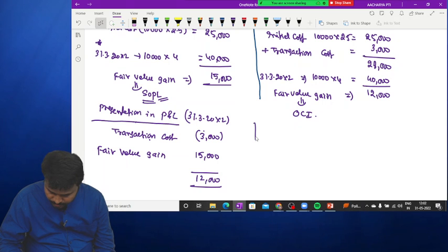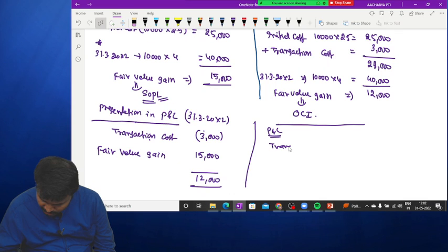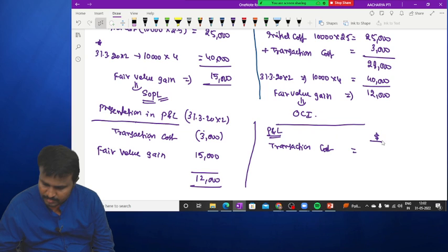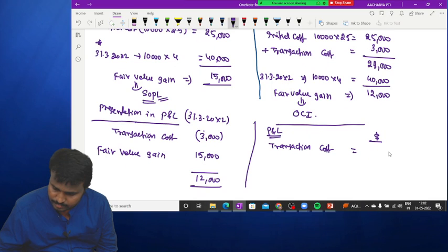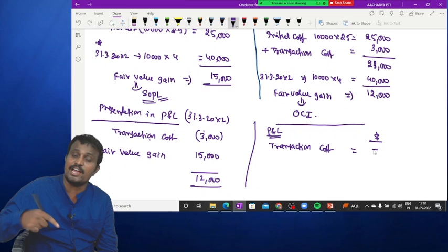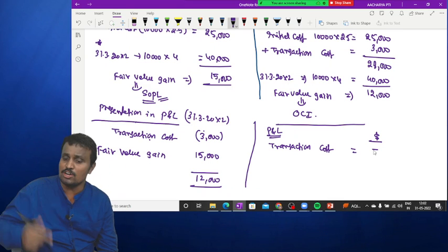And here, presentation in P&L. In case of alternative approach, shall we transfer the transaction cost to the P&L or not? No, because we already added it to the cost of the investment, right?